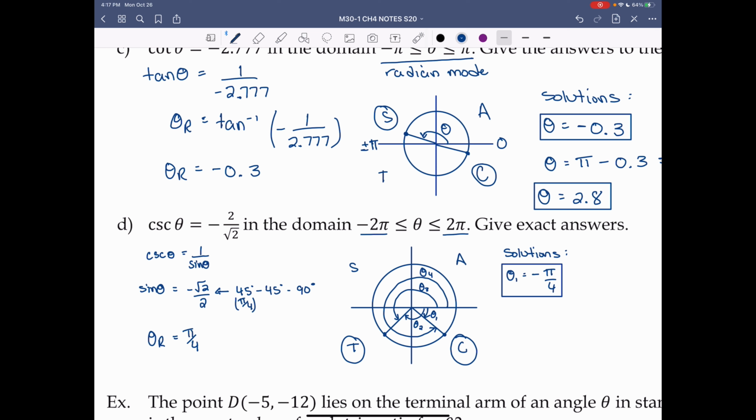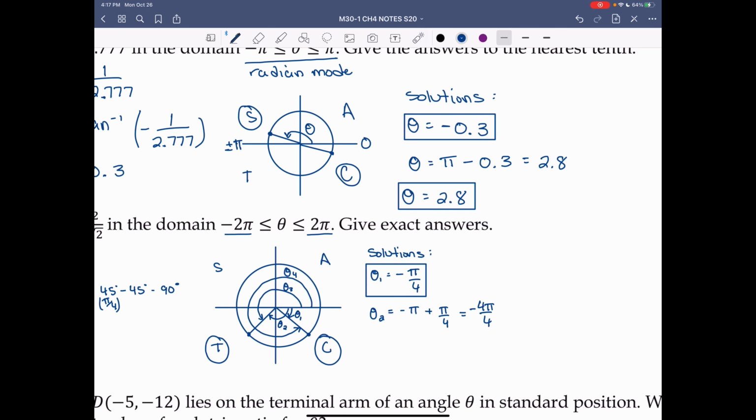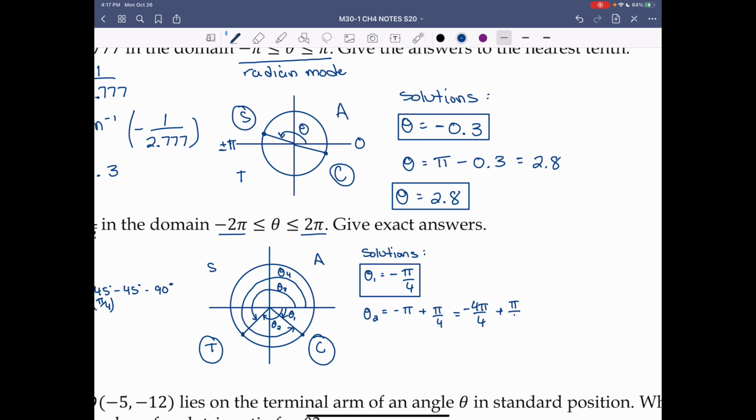The second solution, theta 2, would be negative pi plus the reference angle of pi over 4, which gives us negative pi would be negative 4 pi over 4, and then plus pi over 4, which equals negative 3 pi over 4. So theta 2 is negative 3 pi over 4.